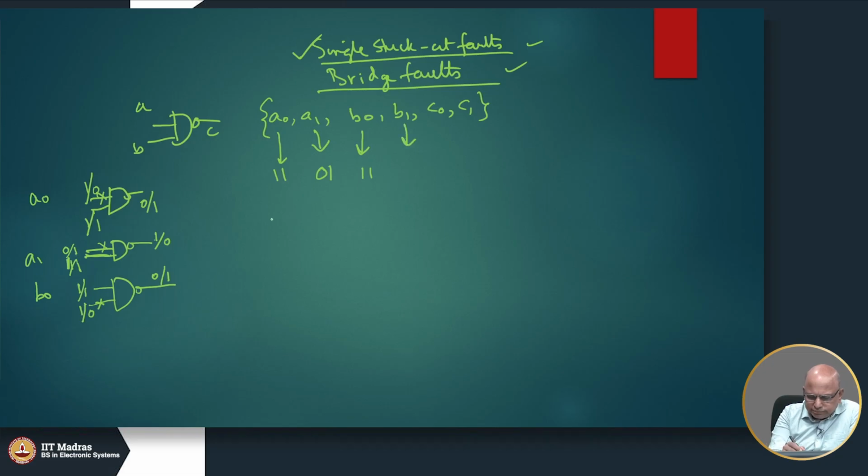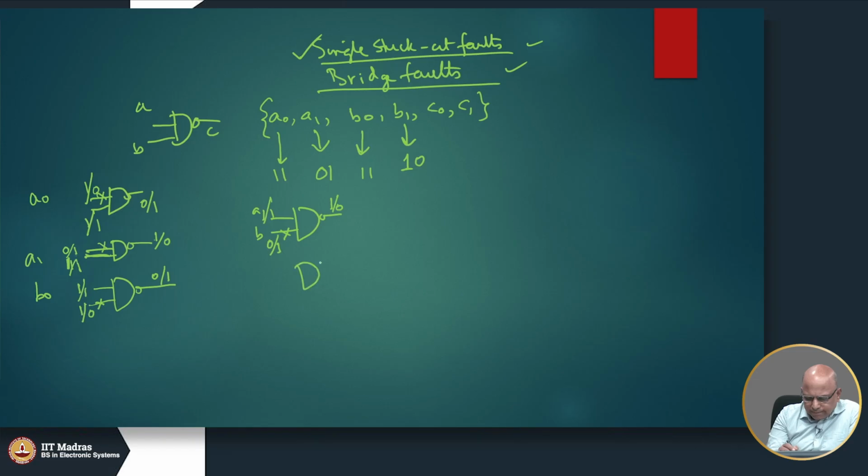B1, so we have to apply a 0 here and a 1 here. So, a good circuit will produce a 1, a faulty circuit will produce a 0. So, a 1 0 is a test vector for this.